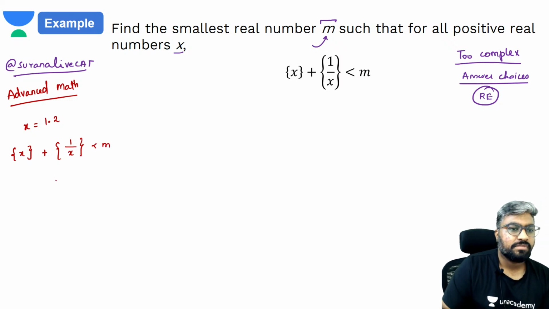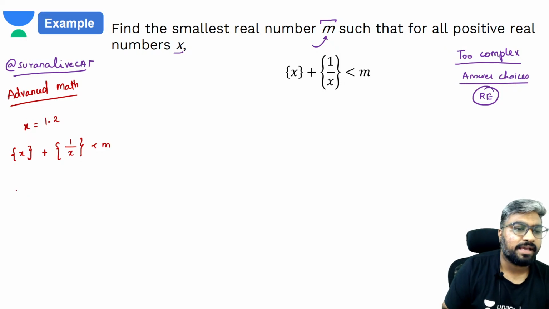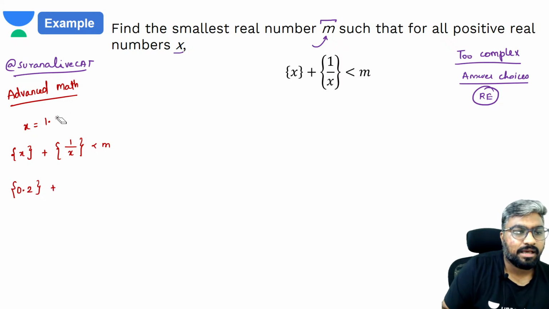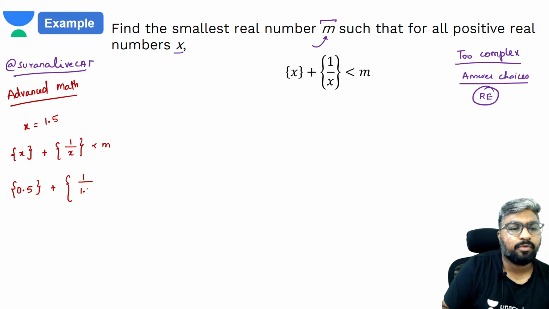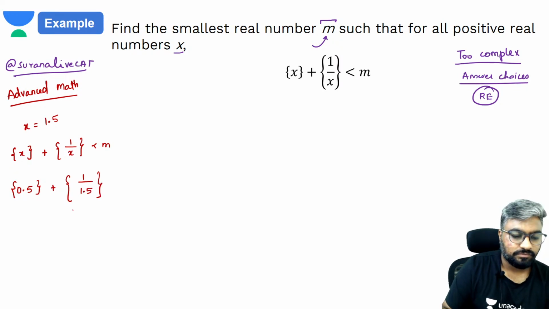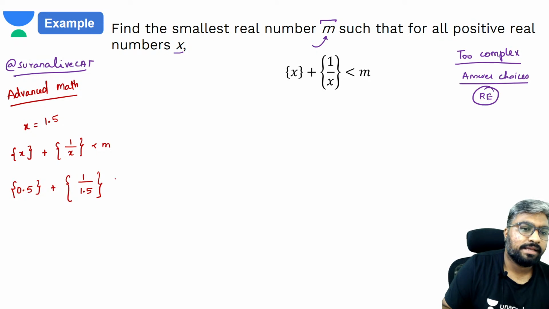Agreed? What is fractional part of x? 0.2 plus, okay, let's take 1.5 to make it a little simple. 0.5, and what would be the fractional part of 1 by 1.5? This should be less than m.